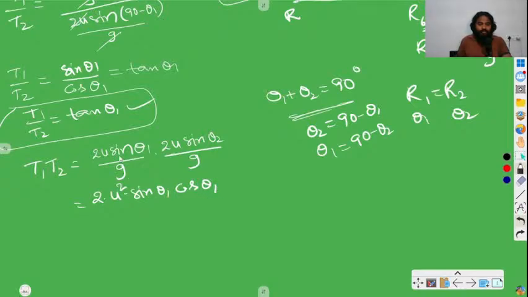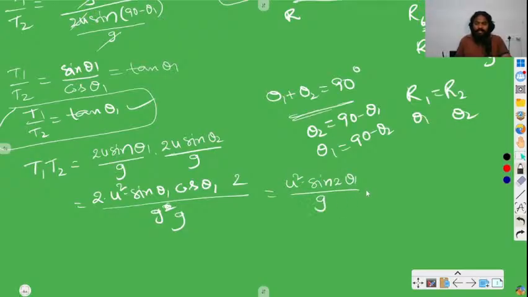2 into u square, still 2 is there, by g square, or g into g only you write. Now 2 sine theta 1 cos theta 1 can be written as sine 2 theta 1, so u square sine 2 theta 1 by g into 2 by g.